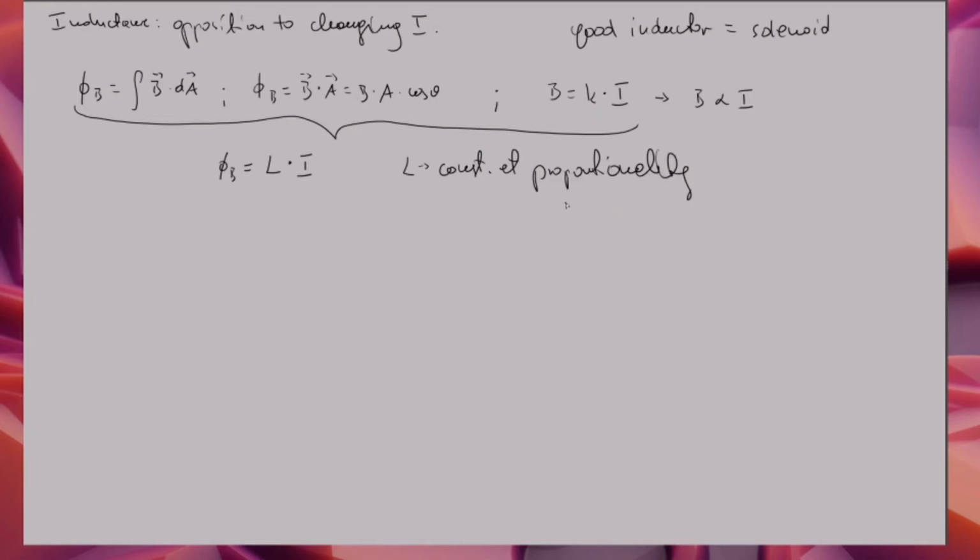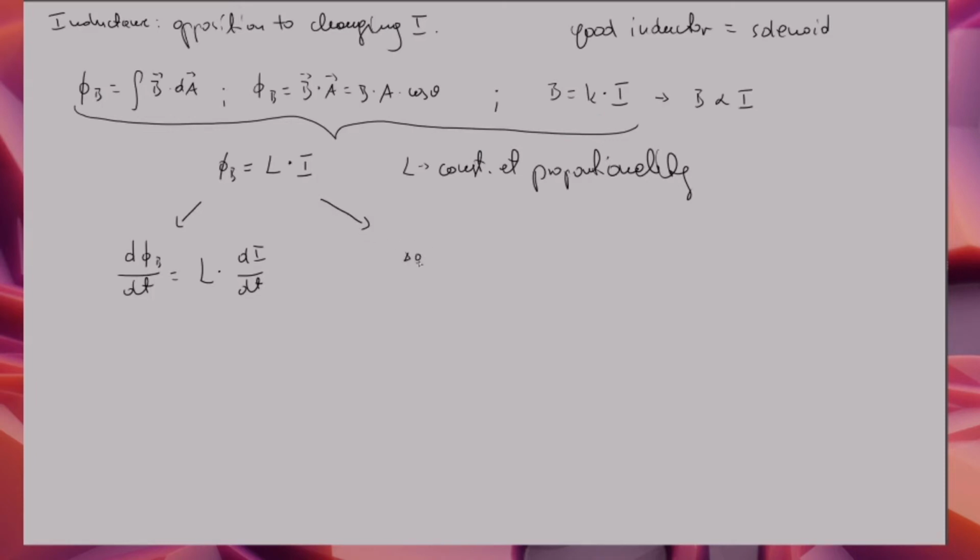All right, and then what we want to do now is maybe add something to it. I'm going to take the derivative of both sides, so that I have d phi dt equals L, which is a constant, times dI dt. I'll take the algebra route here.